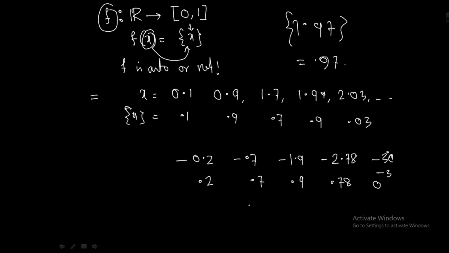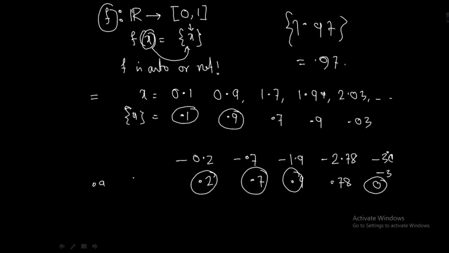So here we can see the images are each and every element starting from 0 up to 0.999999999, that means just before 1. Why? 0.1 can be an image, 0.001 can be an image, 0.0000001 can be an image.